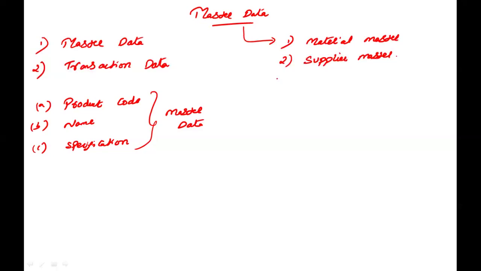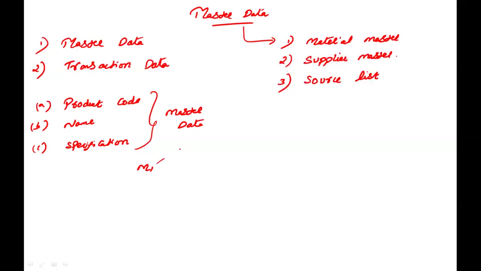Okay. Then we have the third type of master data, which is the source list. Source list is nothing but an approved vendor. For example, if I have material M1, as we discussed in the enterprise structure, we have the reference purchase organization or the purchase organization.